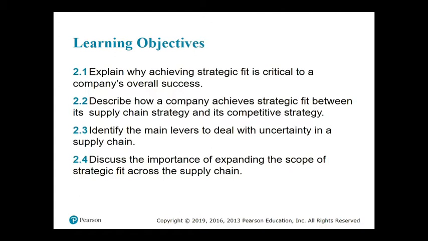So in this chapter, we're going to look at how to achieve the fit between supply chain strategies and supply chain decisions. And we're going to identify the main levers that deal with uncertainty in the supply chain and talk about the importance of expanding the scope of strategic fit across the supply chain.